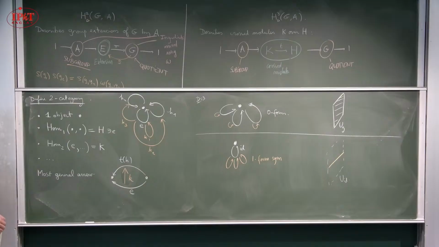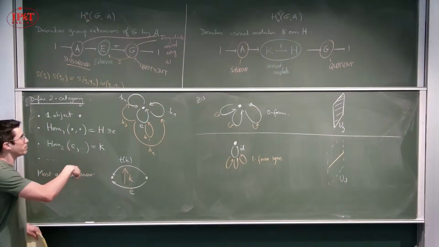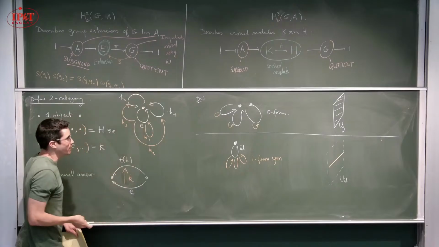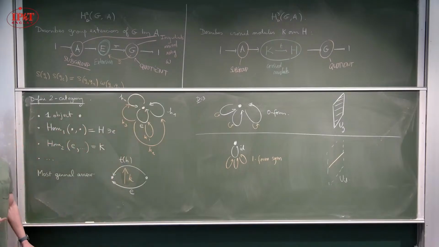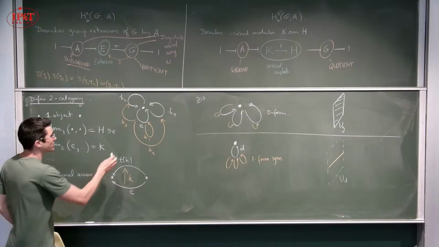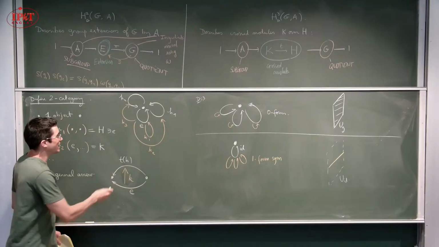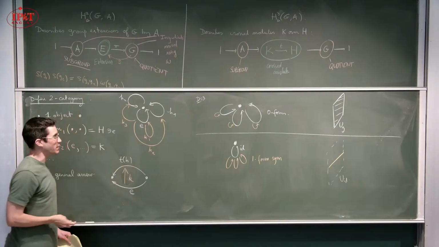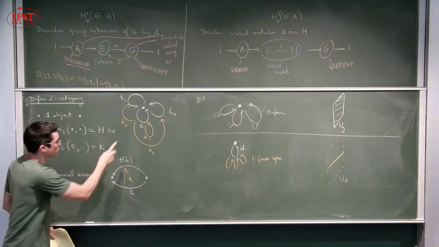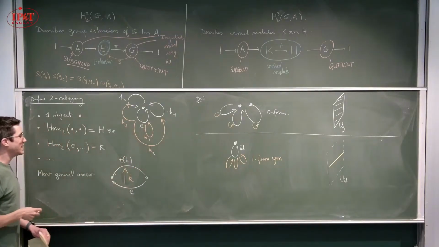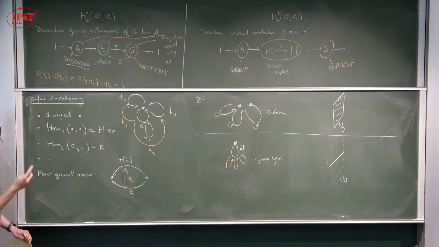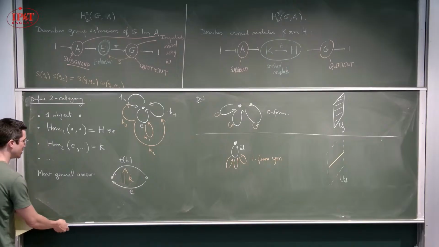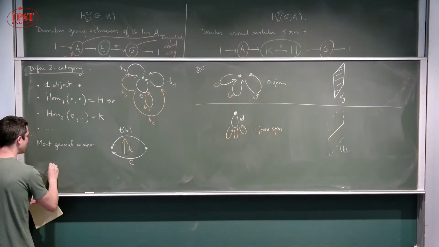Now, H is a group, so you can compose the white arrows according to the group law. That's quite clear. K is also a group, but how do you compose orange arrows? How do you compose K1 and K2 here? K1 goes here, then K2 goes there. It doesn't match. But we mentioned a few weeks ago that there is a horizontal composition.